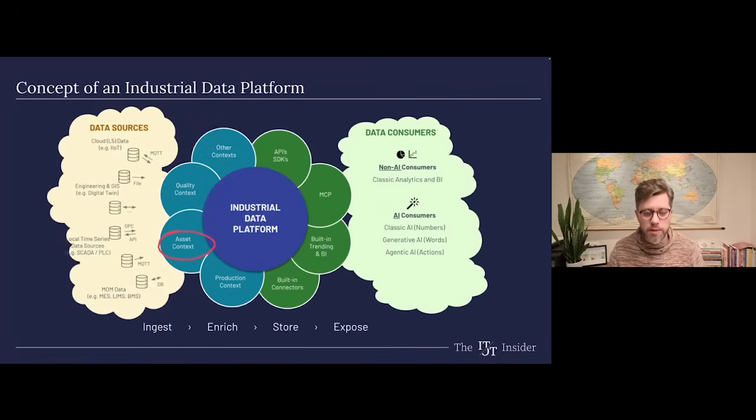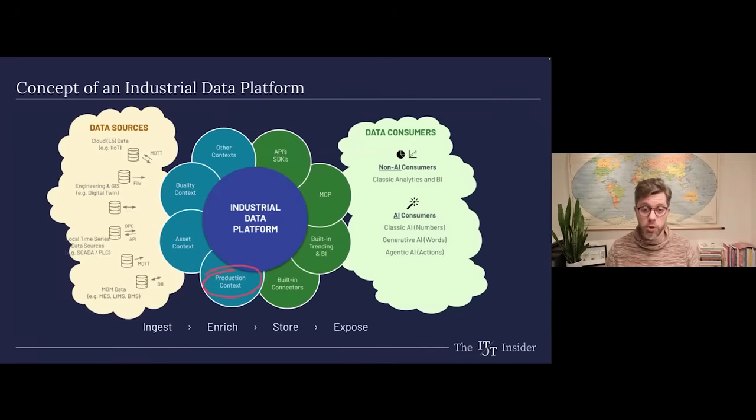So the asset context, where we typically use something like ISA 95 to structure our data based on your site, plant, equipment, etc. So the ISA 95 hierarchical model is typically used here. However, there is more to ISA 95 than just the hierarchical model, but that's going a bit too far for now.